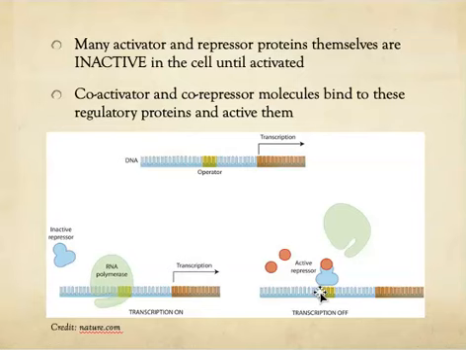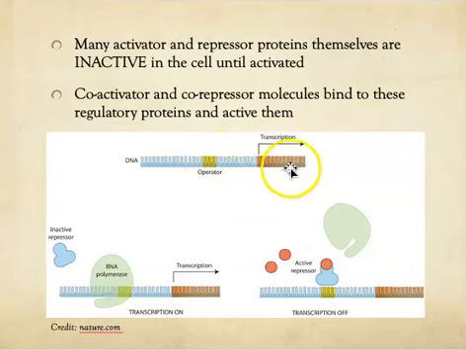Now remember, a moment ago I said that operators are located downstream from promoters and upstream from protein coding regions. So the promoter is up here somewhere. The operator is downstream from the promoter.